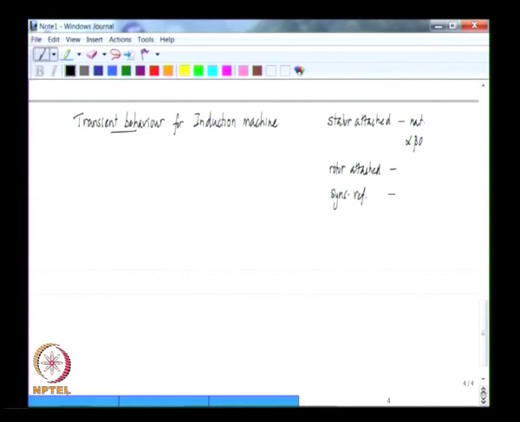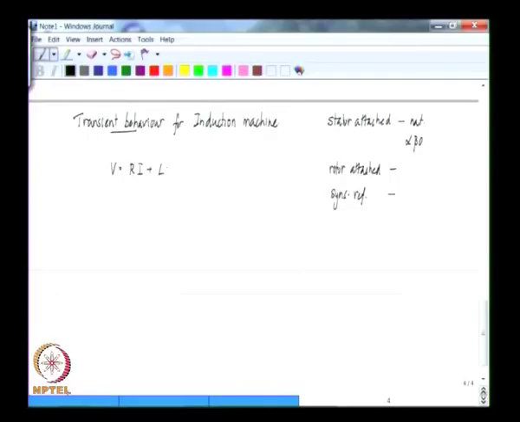Now, the question is, in each of these reference frames you have equations that look like V equals R into I plus some L into di by dt plus a G matrix into I multiplied by omega, and then you have an expression for the developed electromagnetic torque as well. Now, V and I are vectors, and L and G are square matrices. So, how does one solve this set of equations?